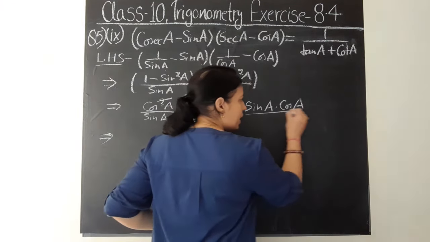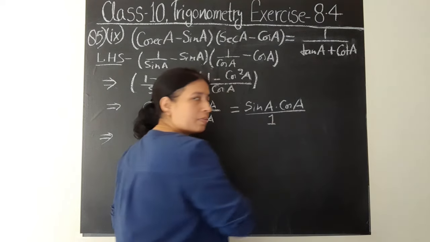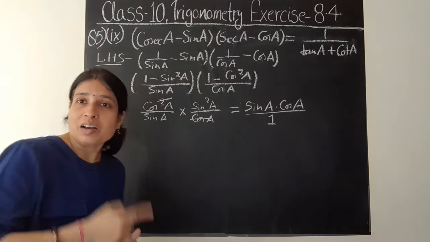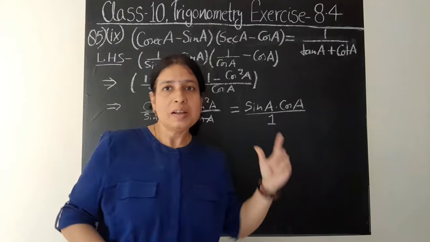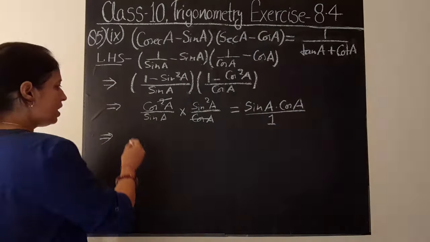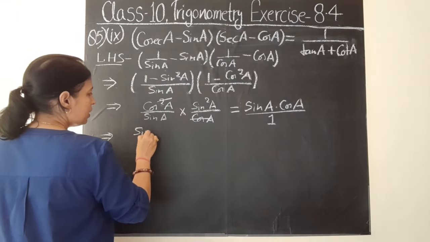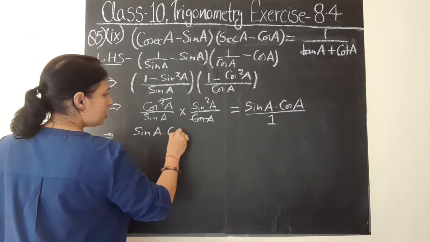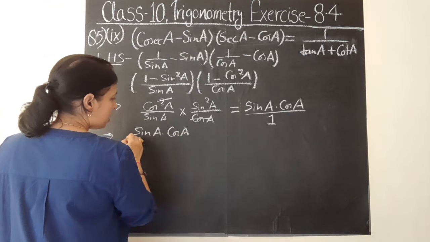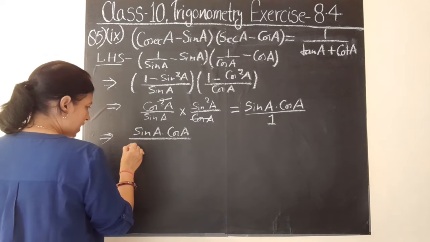What can we write here? Below we will write 1. Okay, so in place of 1 we can write sin square a plus cos square a. Okay, so write here sin a into cos a, and in place of 1 write.